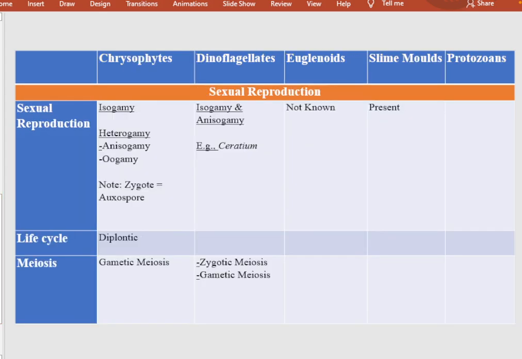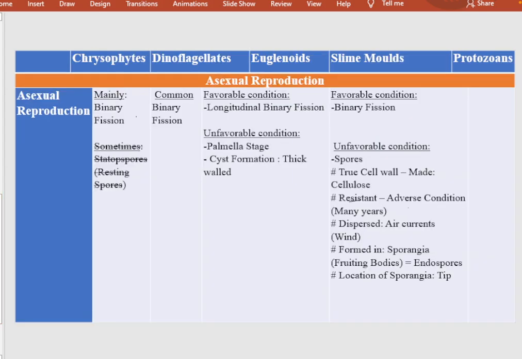Just remember. Next thing is about asexual reproduction. Asexual reproduction is mainly by binary fission. Here, chrysophytes, binary fission only. Sometimes spores are there, resting spores.